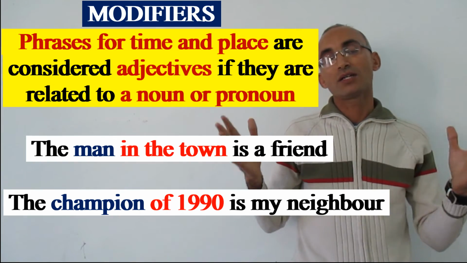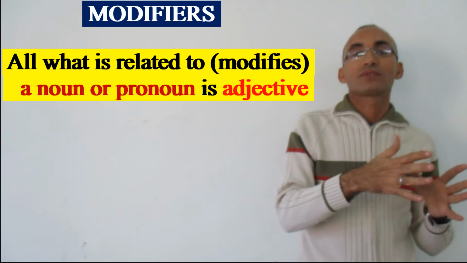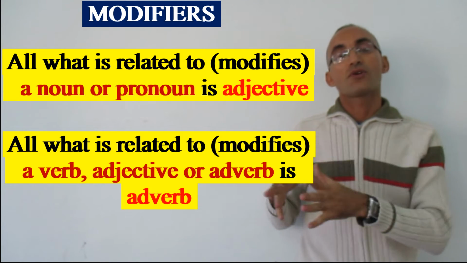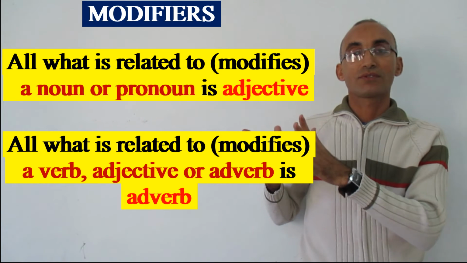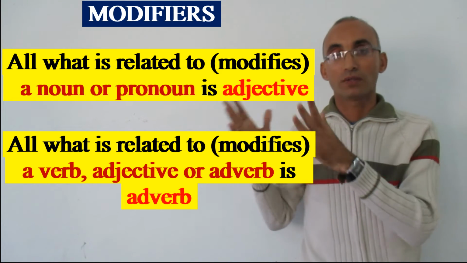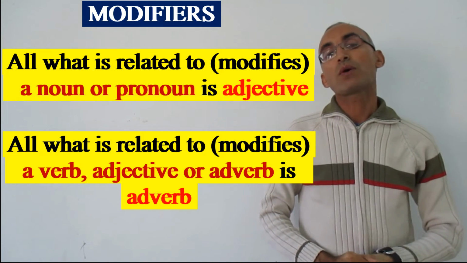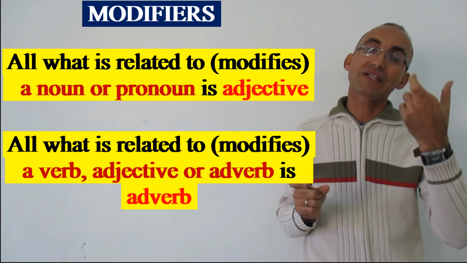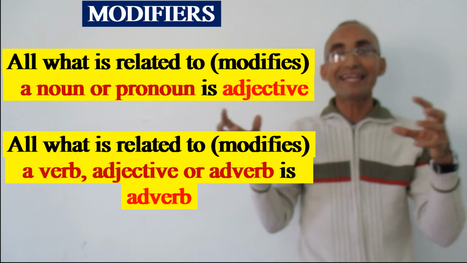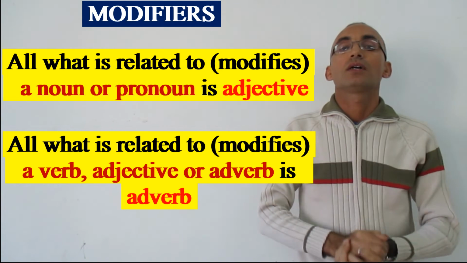So simply we say all that is related to a noun is an adjective, whether one word or a phrase or a clause, and all that is related to a verb, adjective or adverb is always adverbial, and both are modifiers. Now the rule for the correct use of adjectives and adverbs is that both of them come to modify an element, right? An element can be a word or phrase or a clause.